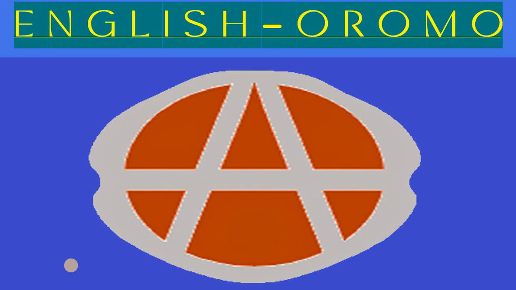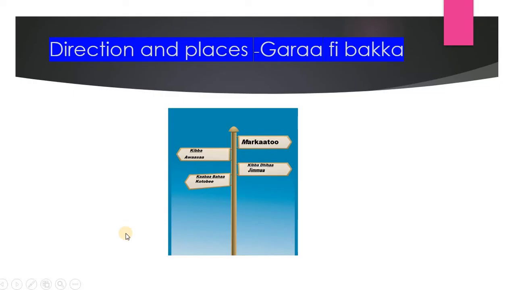Thank you very much for coming to this 10th lesson, where we are looking at Oromo for communication purposes. In our previous lessons, we have seen how to communicate on different issues like greetings, like introducing oneself, and so on. Today, we are going to see a different topic. This is how we ask directions or how we tell directions to somebody who may ask us the direction to somewhere, to go some places.